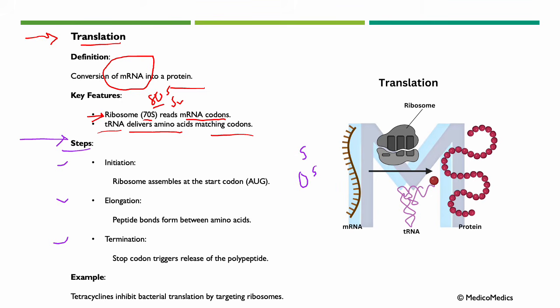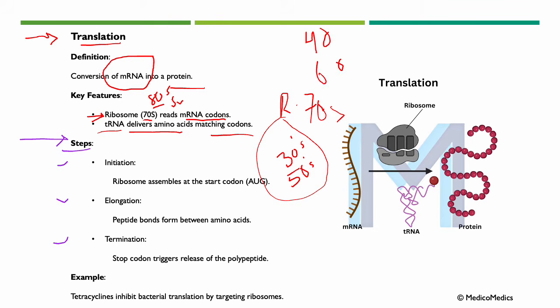Because that's not correct. It's actually 30S, small, and 50S, large one. And this is the ribosome 70S. It's in eukaryotic cells where we have 40 and 60, and we call it 80S. Now, don't get caught up in the mathematics here. The sum of this is not this, but let's leave that for now. That's one of those medical mysteries that we just let slide by us.